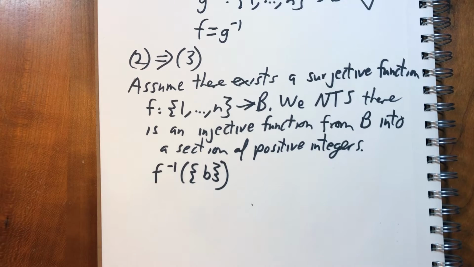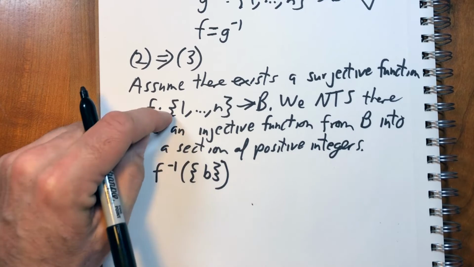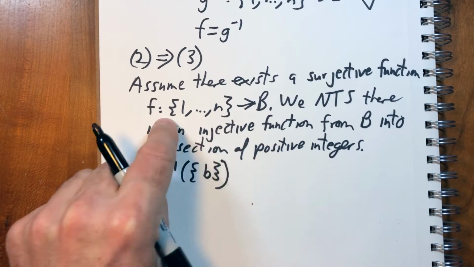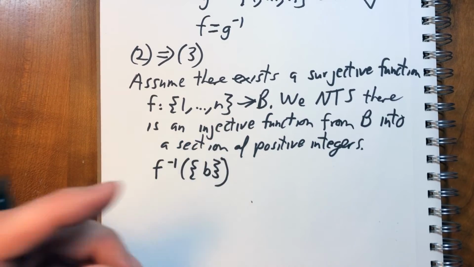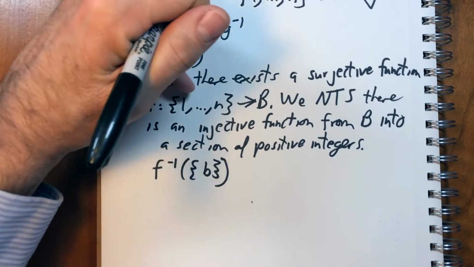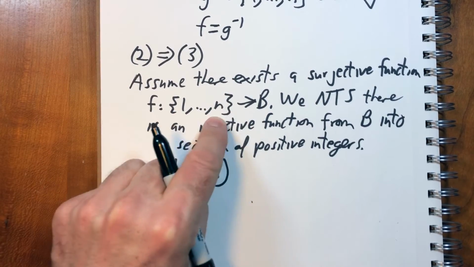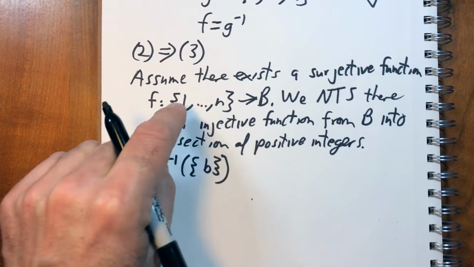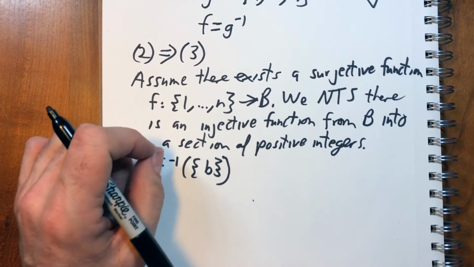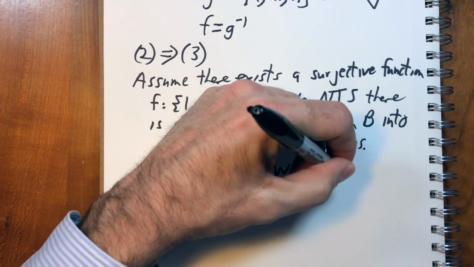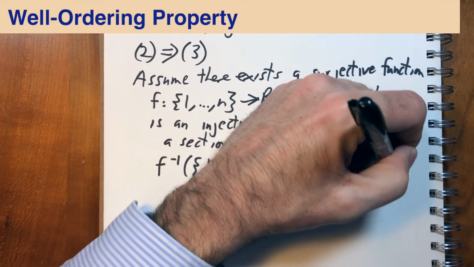So this set is going to be some subset of the original section from 1 to n. It's not necessarily a section because it's not necessarily consecutive natural numbers, but it's going to be some subset of this set. And so that subset will have a unique smallest element. That is the well-ordering property which we proved a while ago.